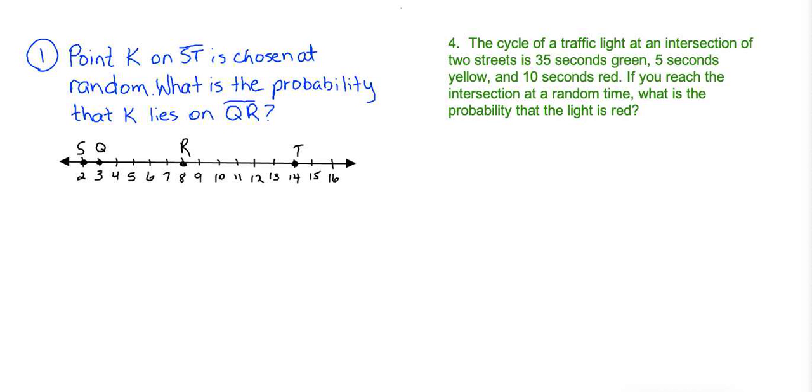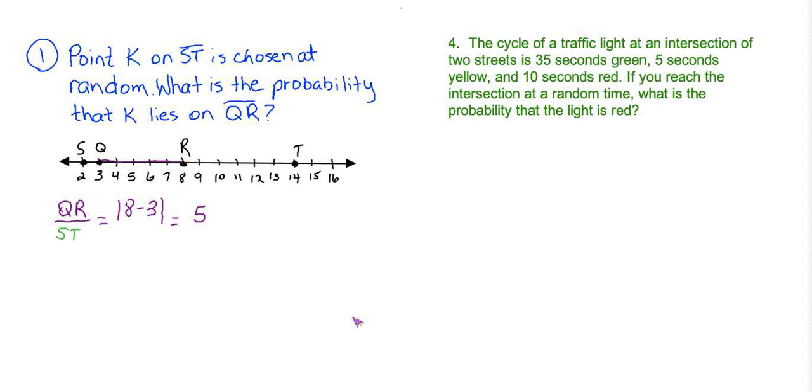We just need to find the length of segment QR and the length of segment ST. To find the length of QR, we just subtract 8 and 3. It doesn't matter which way because we're going to take the absolute value, since we're finding length. That is 1, 2, 3, 4, 5 units long.